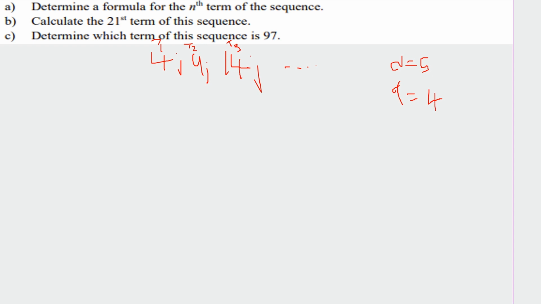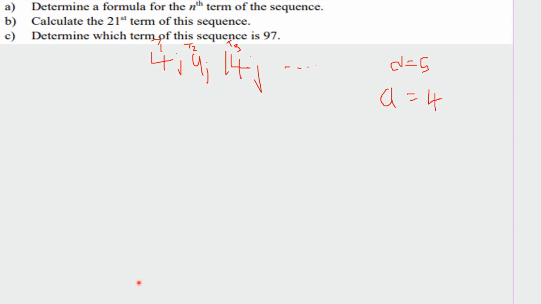Let me just write this A nicely. So the value of A will be equal to 4, because A represents the value of the first term.